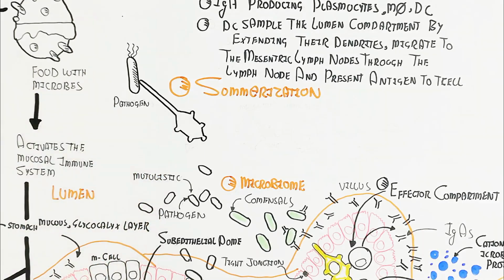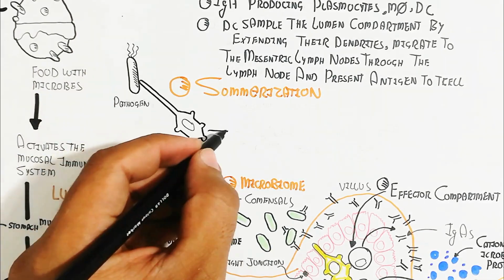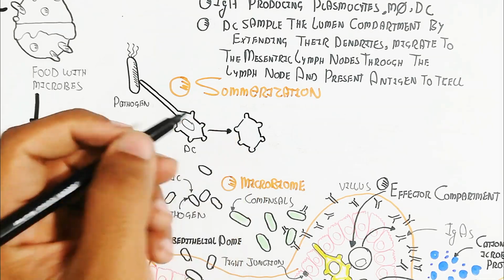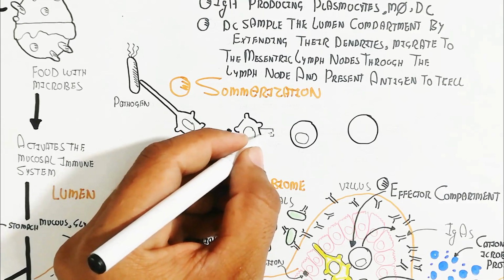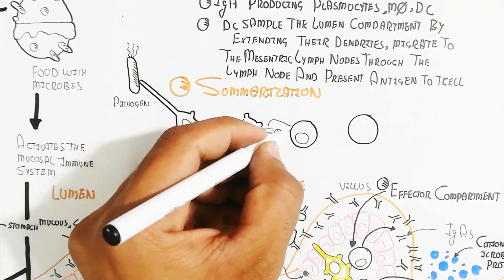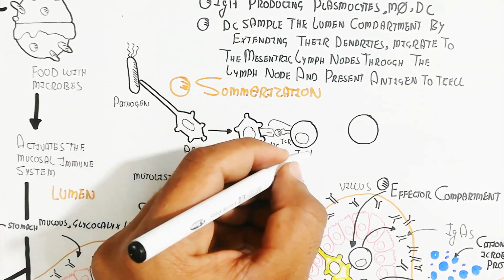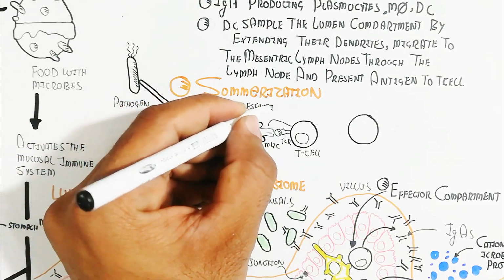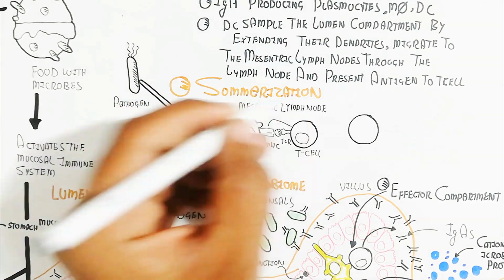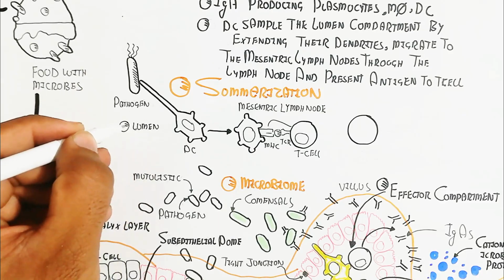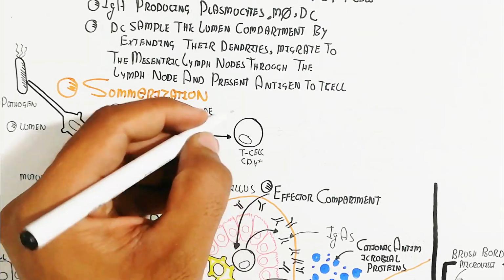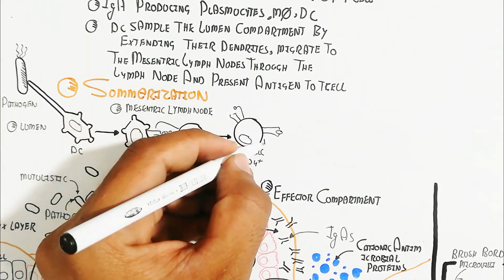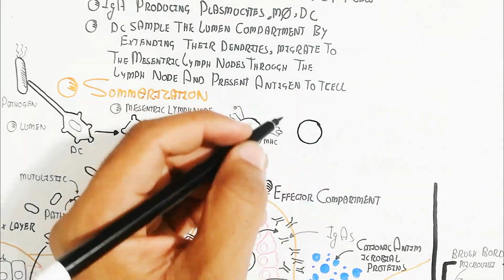While here is the pathogen, for example, again we will understand via summarization. In the lumen, the dendritic cell will recognize the antigen by sampling and go to the T cell in the mesenteric lymph node through MHC class 2 molecules and the T cell receptor. You can just understand it as the MHC class molecule, the major histocompatibility molecule.